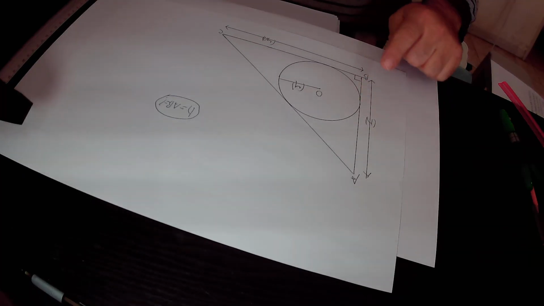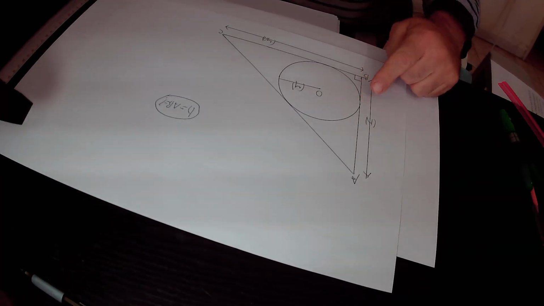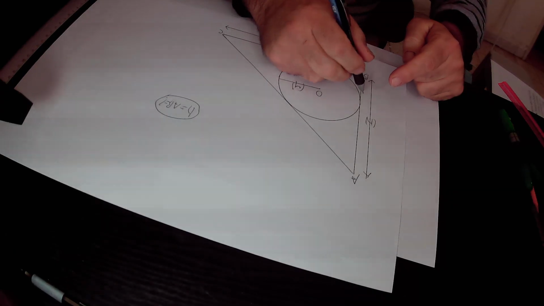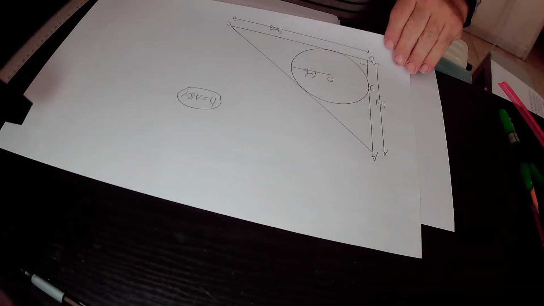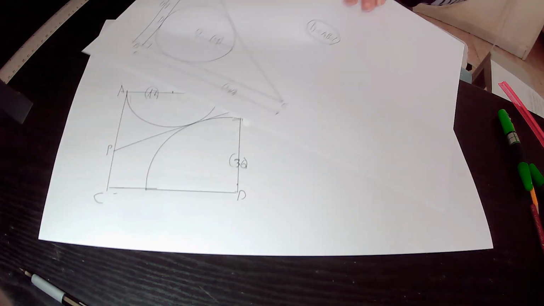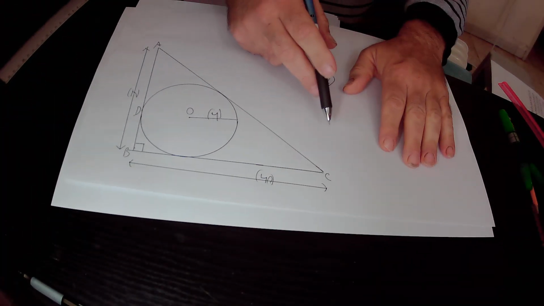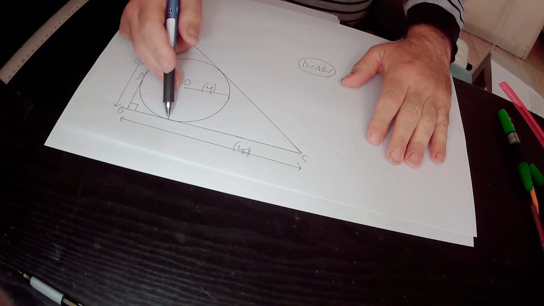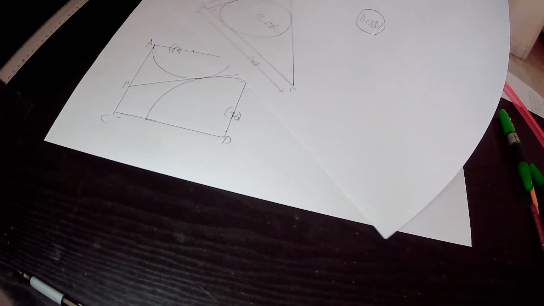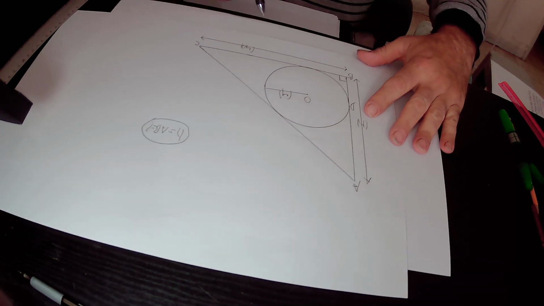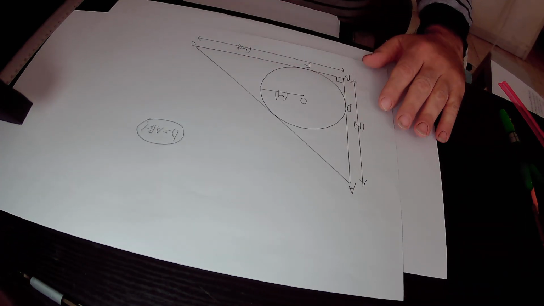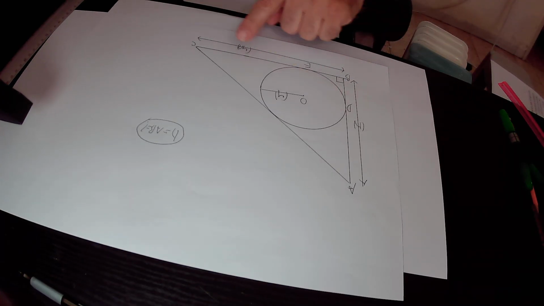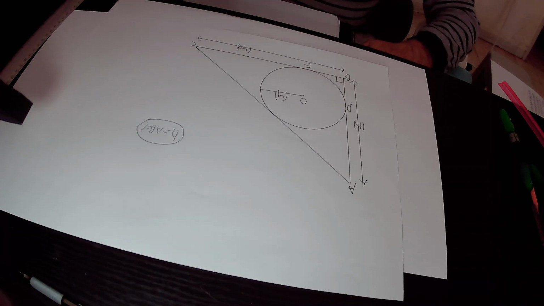This point is point D. We define the point of tangency of tangent BC with this circle. This point is point E. We define the point of tangency of tangent AC with this circle. This point is point F.